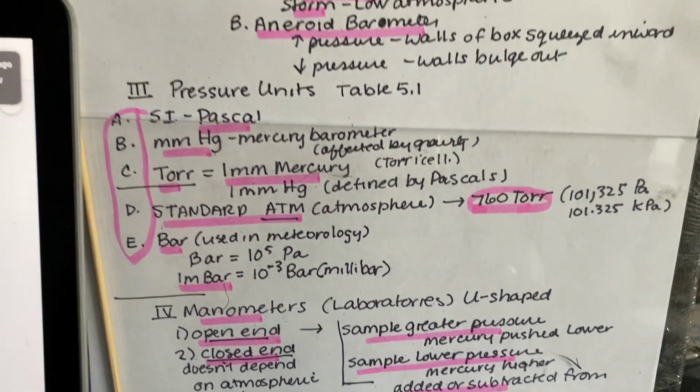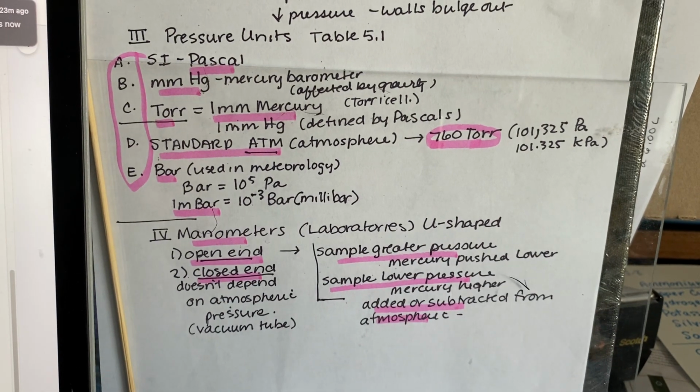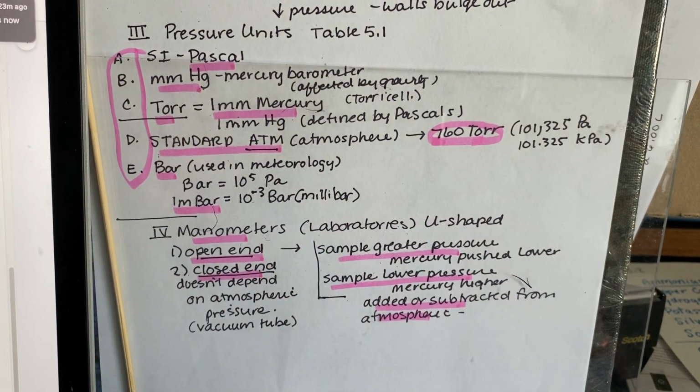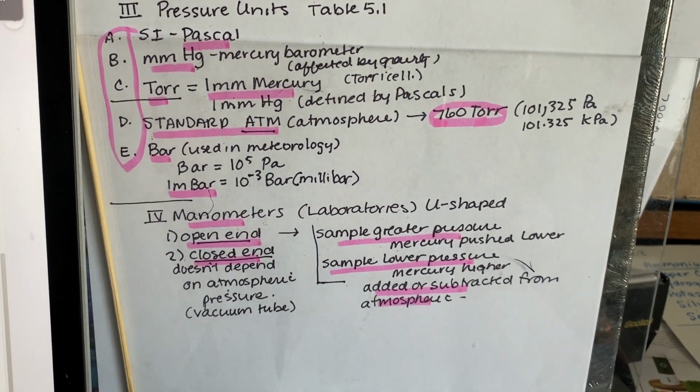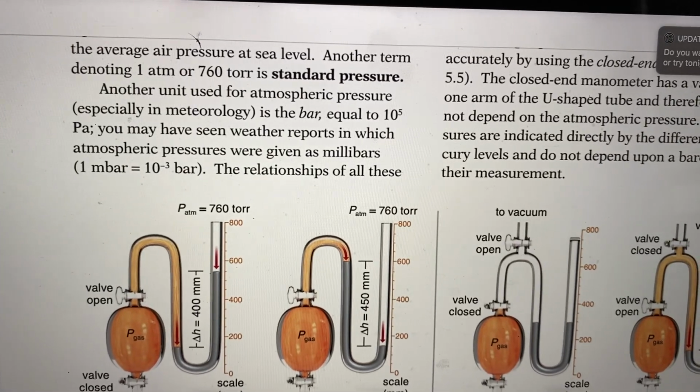So now let's go back. We're going to talk about another way to measure pressure, a manometer. A manometer is what you use in the laboratory. So let's look at these manometers. First, let's go up here.